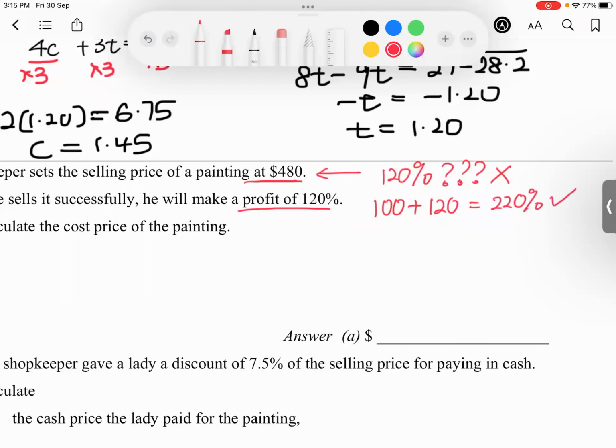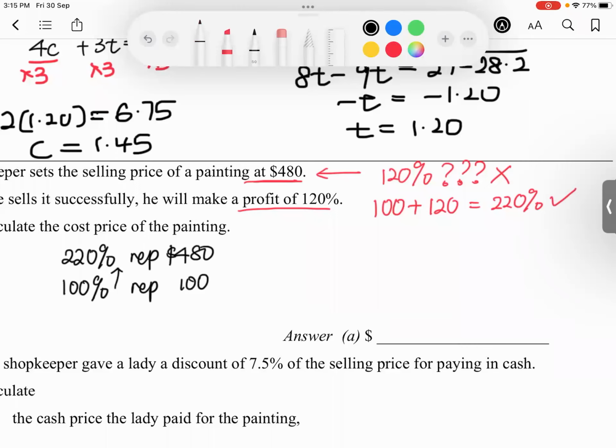This one then is correct. So in this case, this is just the reading of the question only. So 220% represents $480. Then I want to find the cost price, which is 100%, 100 over.